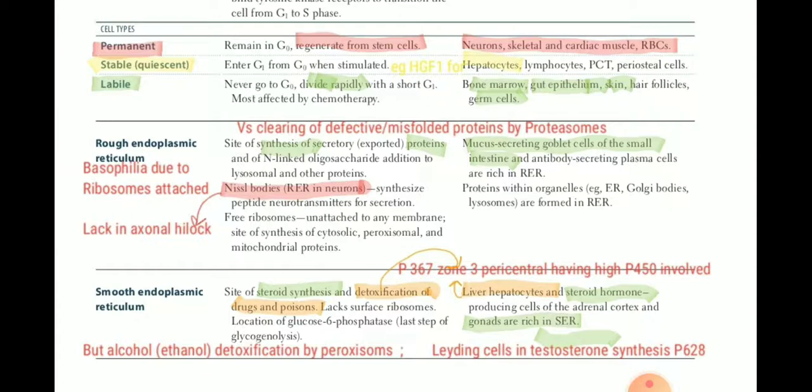You can refer to page 367 to understand it better. Another confusing MCQ asked is alcohol or ethanol detoxification. It is given on the next page. Alcohol detoxification is a peroxisomal task, and peroxisome shouldn't be confused with proteasomes that are used for defective or misfolded protein. So organelles overlap with each other, but you have to keep in mind the differences between them.